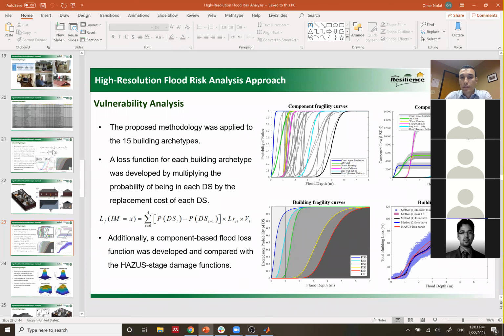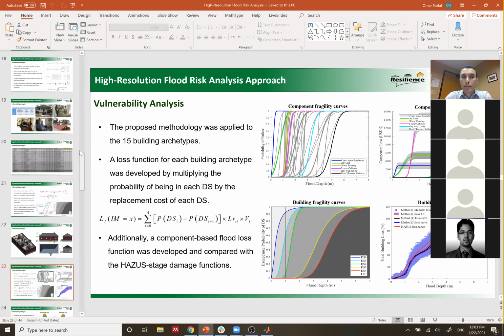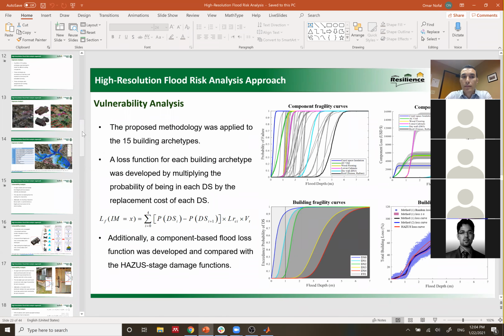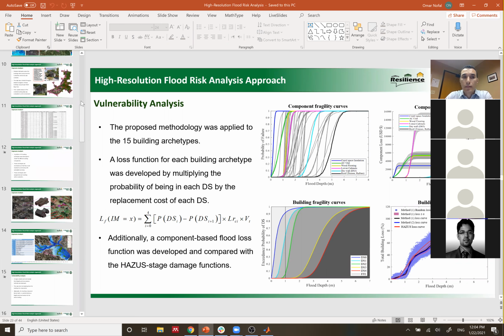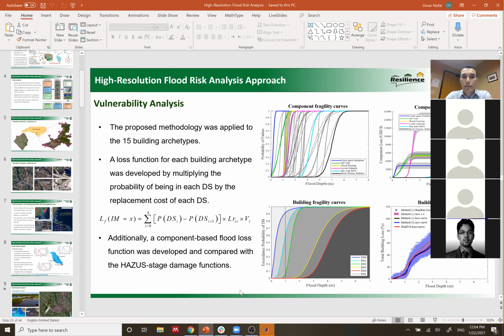It's not a question, rather a comment. I've seen you've got a high resolution flood risk analysis approach presented there, and you depended on lots of types of data, which was probably available to you, because even Google Earth is very high resolution, and you can go into details on everything.